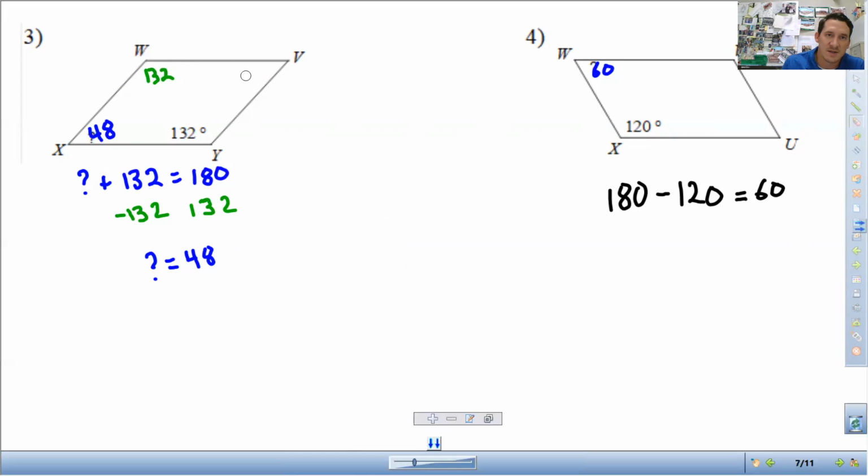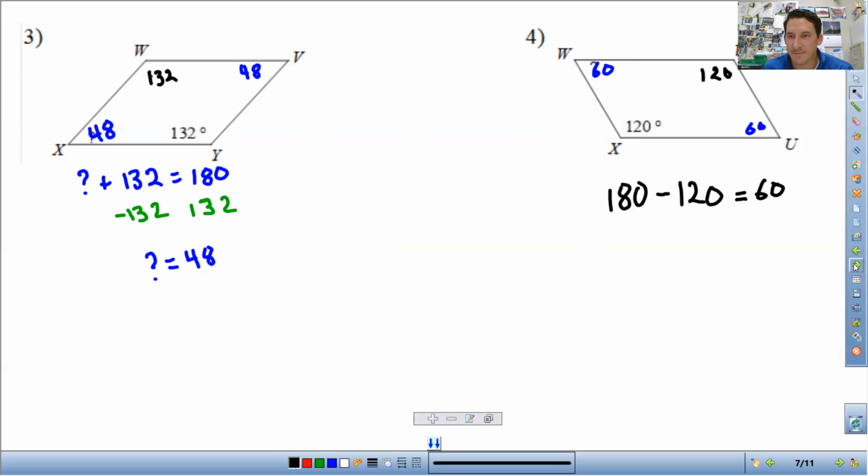I'll color code it. So this is 132, this is 48, down here across, this would be 60, and the one left over is 120. Across from each other are equal, next to each other add up to 180.